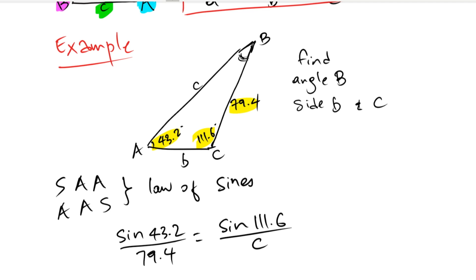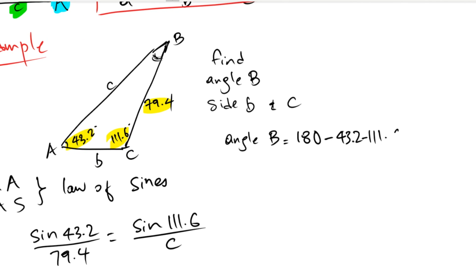I know that the angle B is just 180 minus these two here. So the angle B is equal to 180 minus 43.2 minus 111.6.